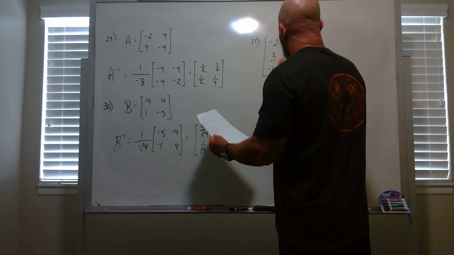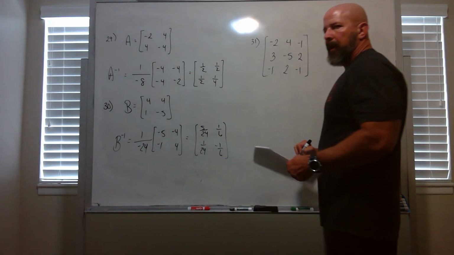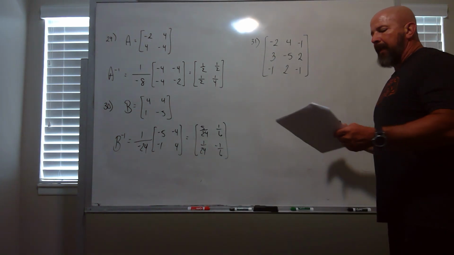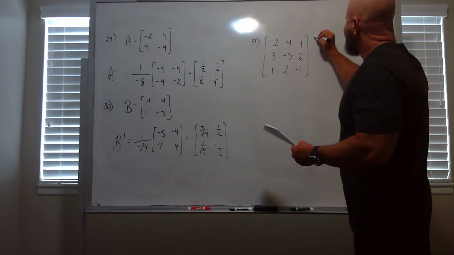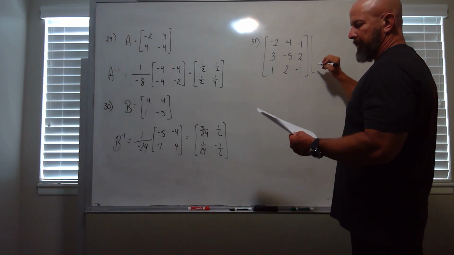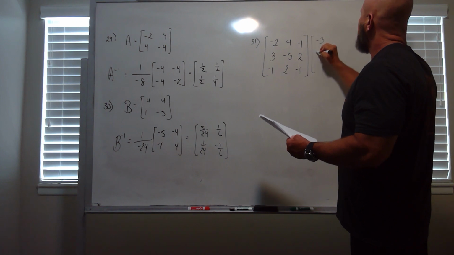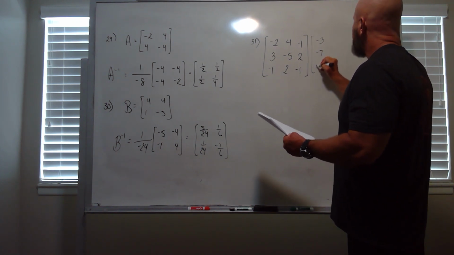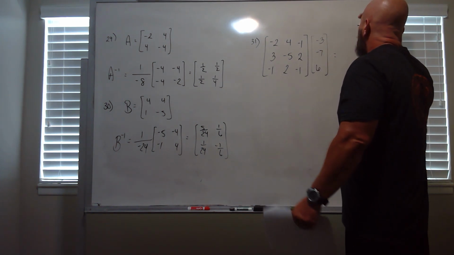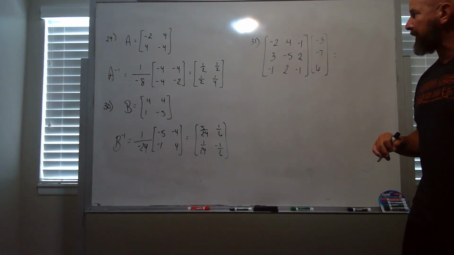So I'm given the inverse of this 3 by 3. I'm given that piece. If I multiply that inverse times the answer matrix, which is the negative 3, negative 7, 6, that will give me my solutions for X, Y, and Z.